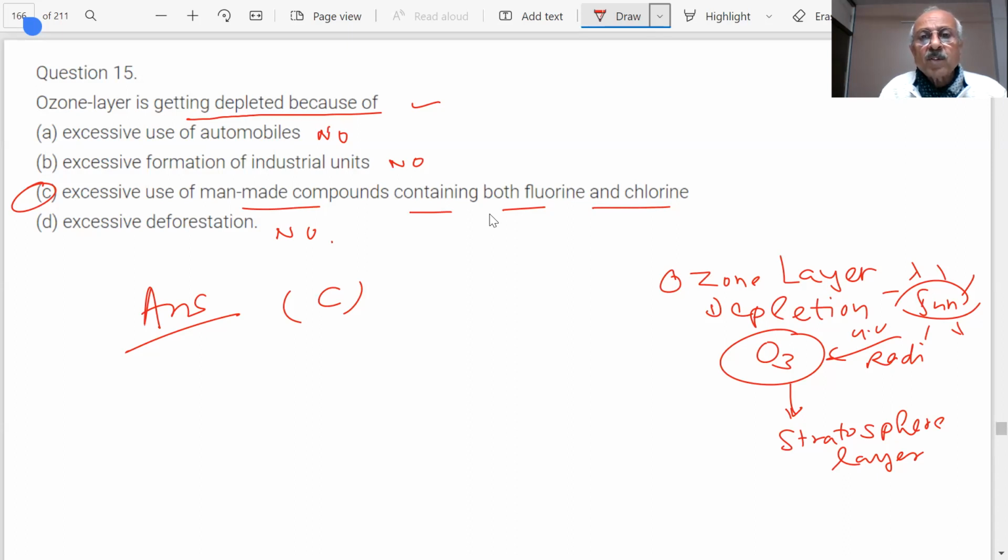Excessive man-made compounds. Where are the sources of these? Fluorine, chlorine, chlorofluoro... what are those? Do you have any idea what products you are using? CFC. Which devices which you are using are emitting those CFCs?